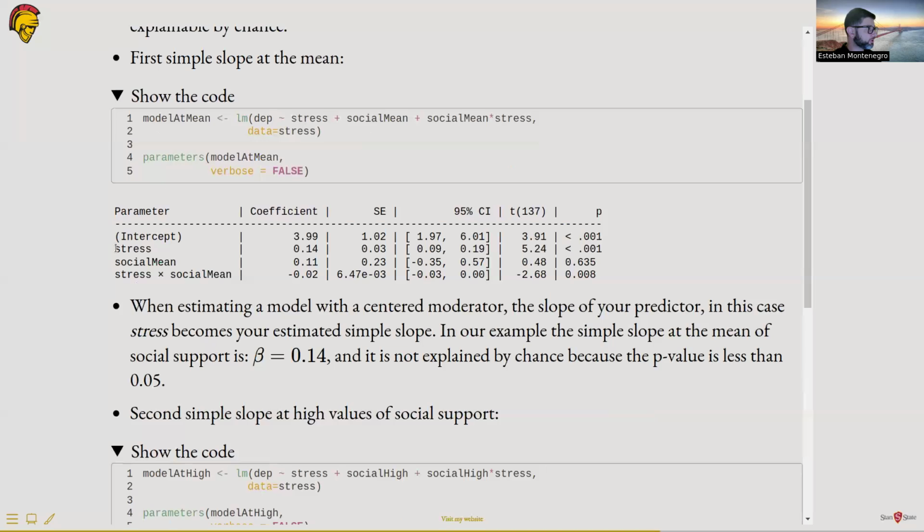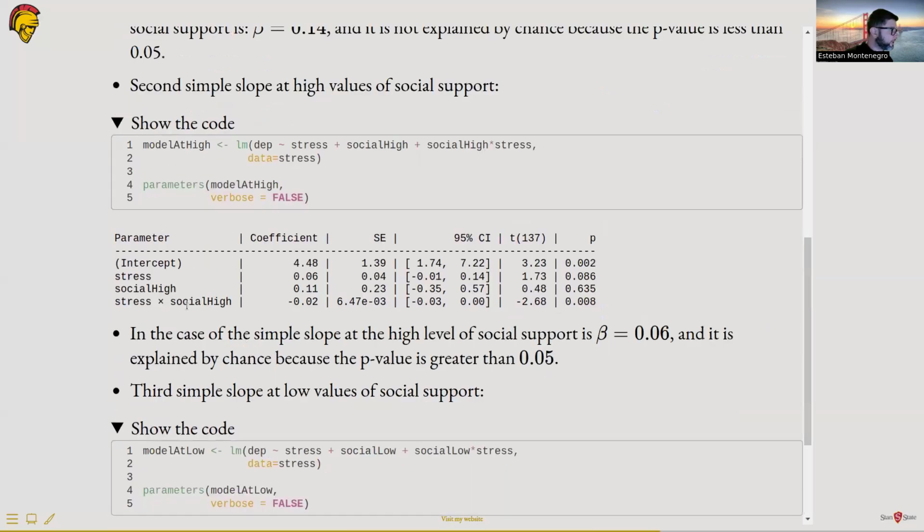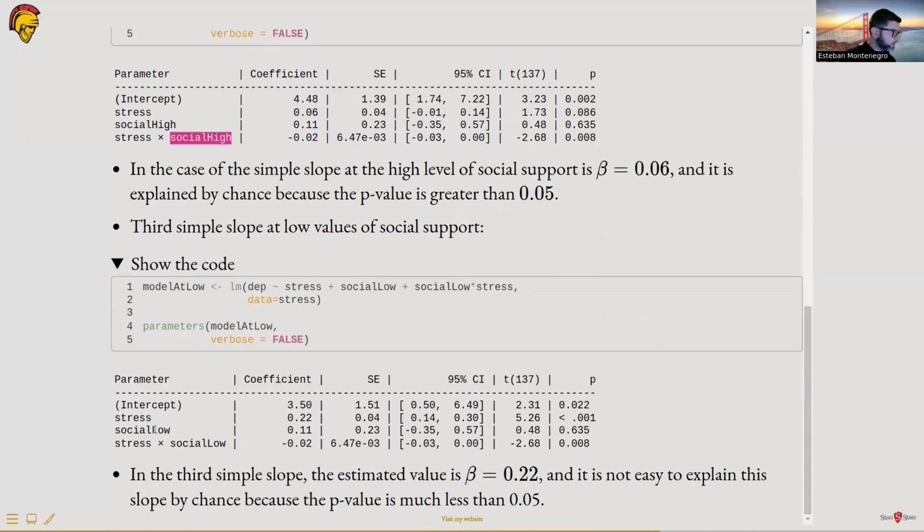Now we have a simple slope for stress when the scores are close to the high level of social support. And this is the simple slope for people when they are low on social support.